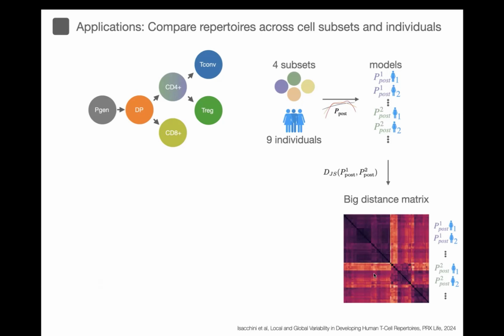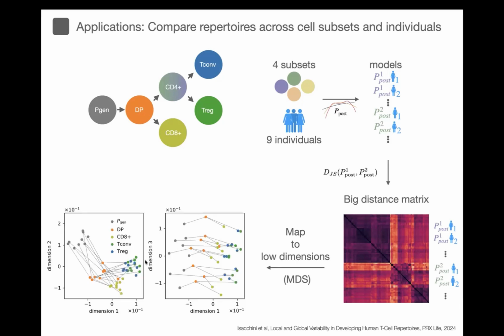The first thing that we are doing is mapping them down to low dimension, because there is a little bit of structure, but we want to visualize it. It turns out that the most reasonable number of dimensions to describe this matrix was 3, and here I'm showing the 3 dimensions. In the first 2 dimensions, each of these single points is a repertoire.